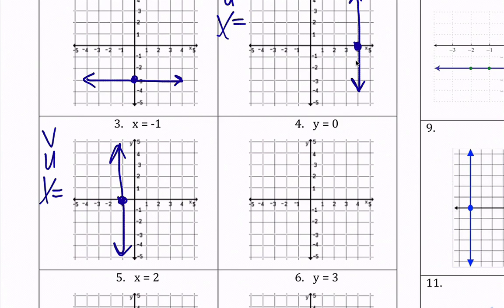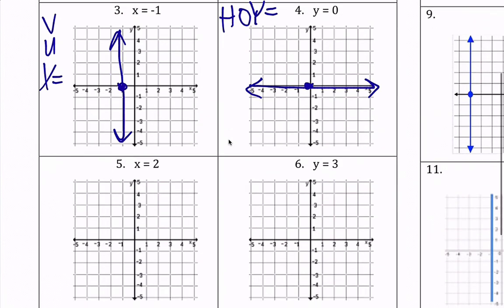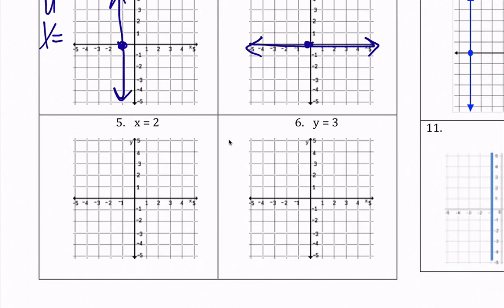On 4, I see a y equals, that's HOI. Tells me y equals 0, so on the y-axis, I need to go put a dot at 0. Remember, this point is also called the origin. And so since it's HOI, I need to draw a horizontal line through that point. X equals, which is VUX.